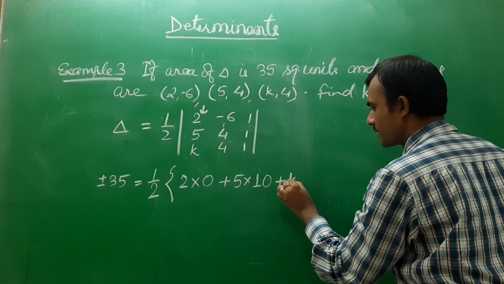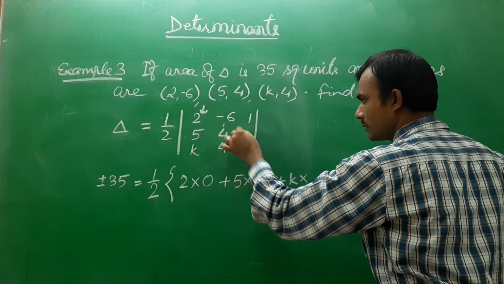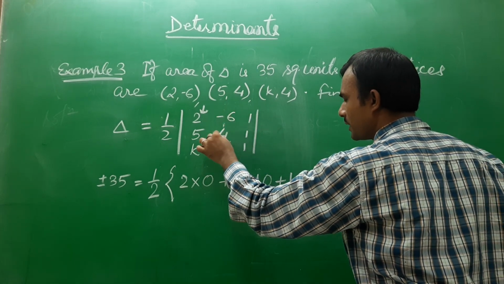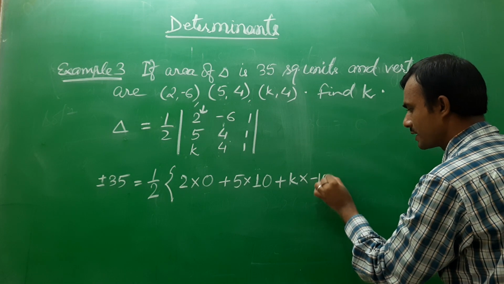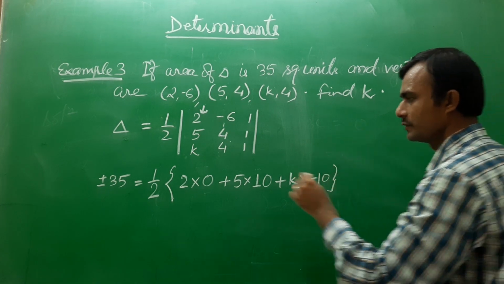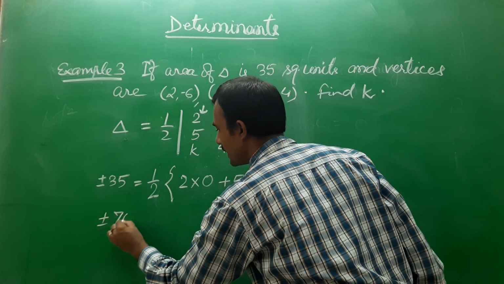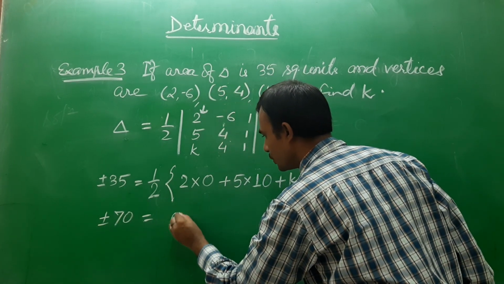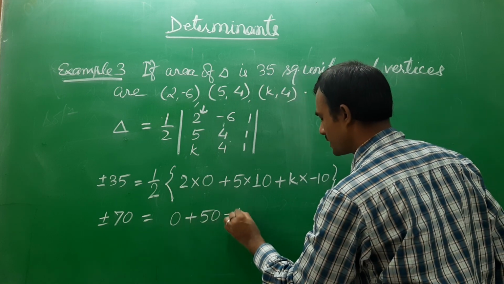And the last is K into -6 minus 4, again the same, -10. Just multiply this, plus minus 70, and now simplify: 0 plus 50 minus 10K.